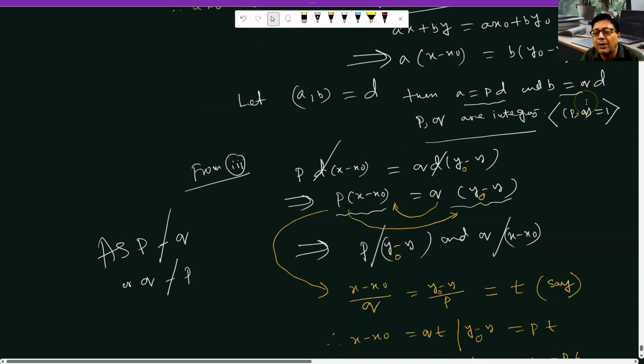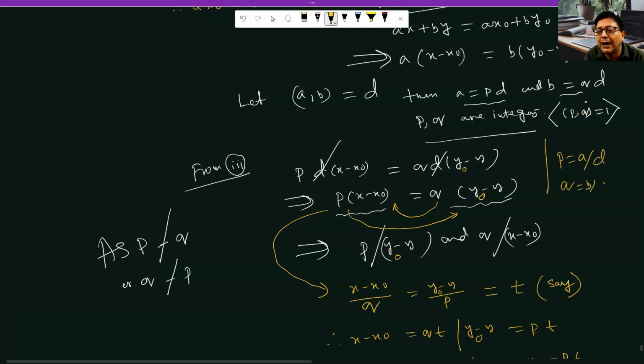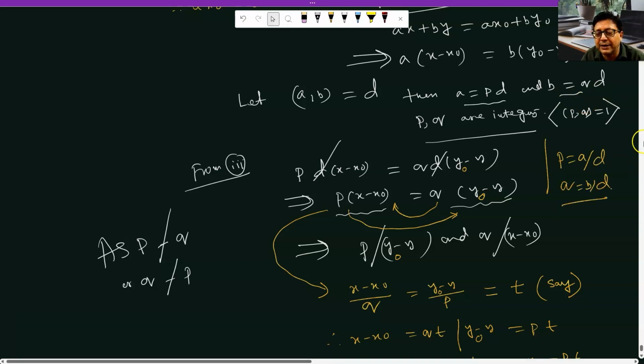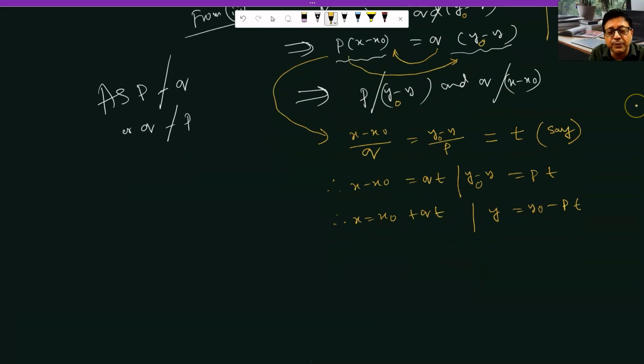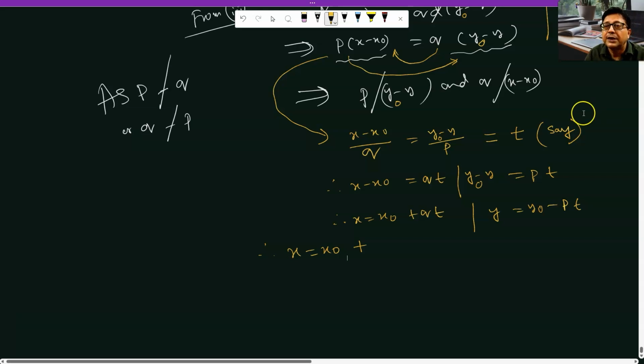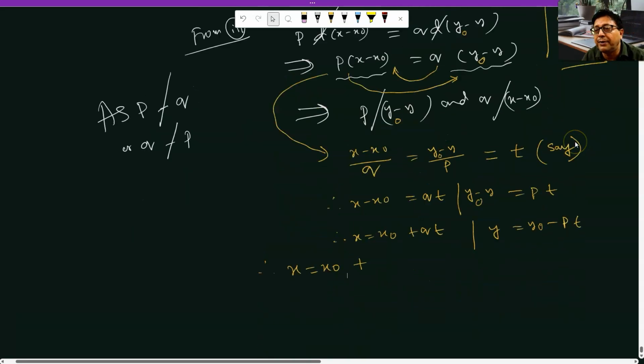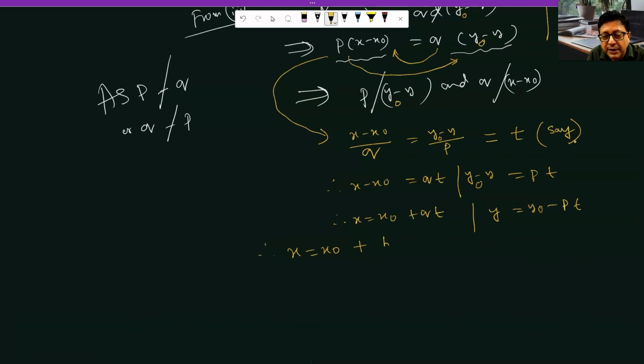Now previously we have taken a equal to pd and b equal to qd. Put it there. What does this imply? That p equals a by d and q equals b by d. Then the solution is done. Therefore, x equals x0 plus q, and q is b by d, so b by d into t.